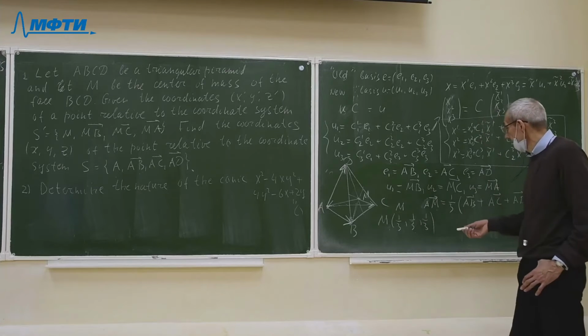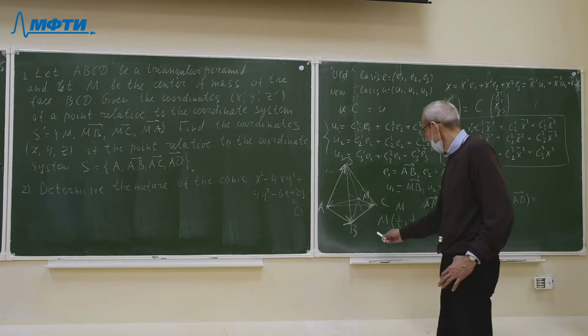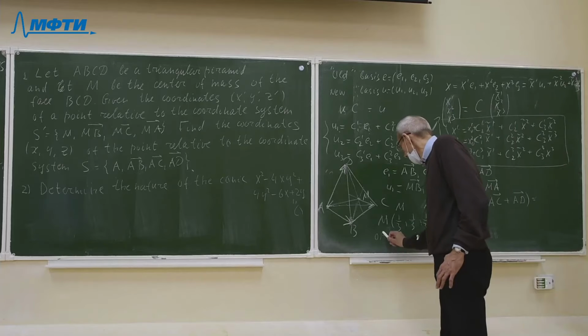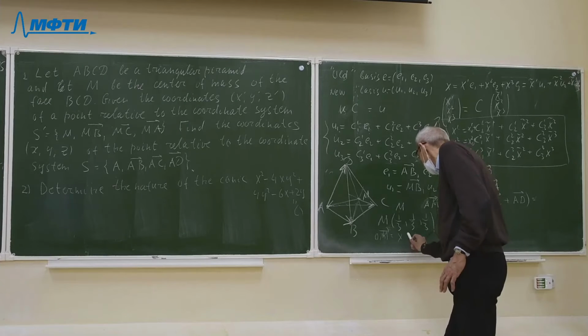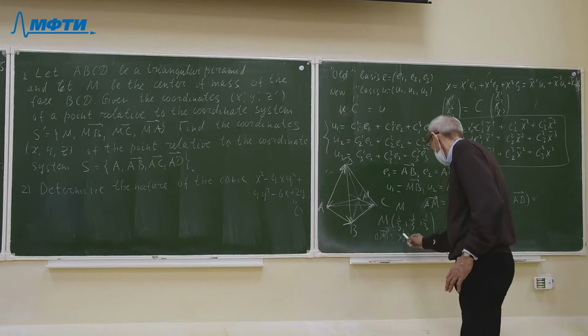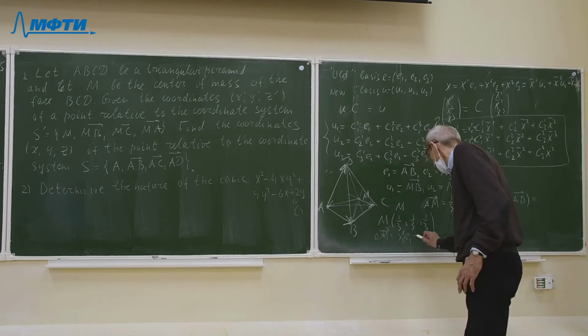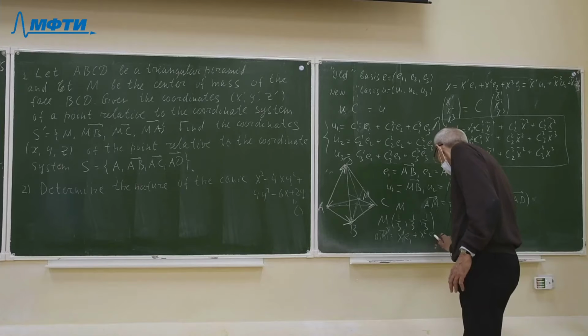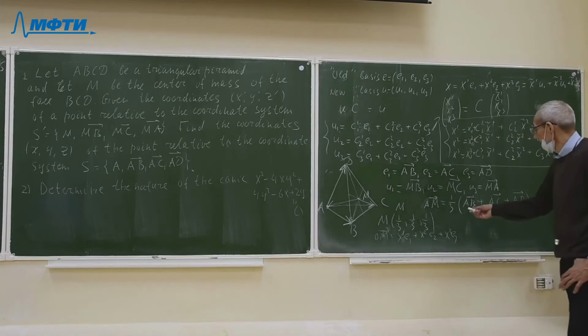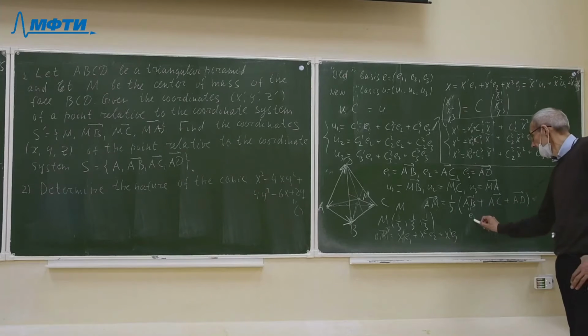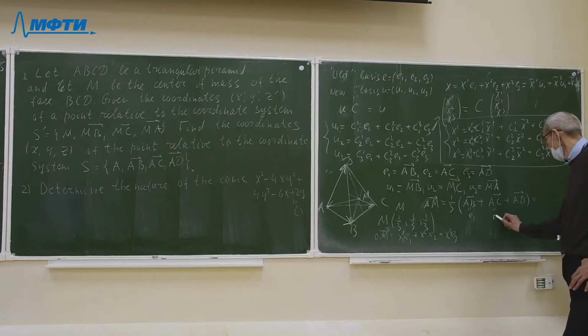It means that the vector OM can be expressed as a linear combination of the basis vectors with coordinates x1 e1, x2 e2, x3 e3. In our case, these vectors are e1, e2, e3.